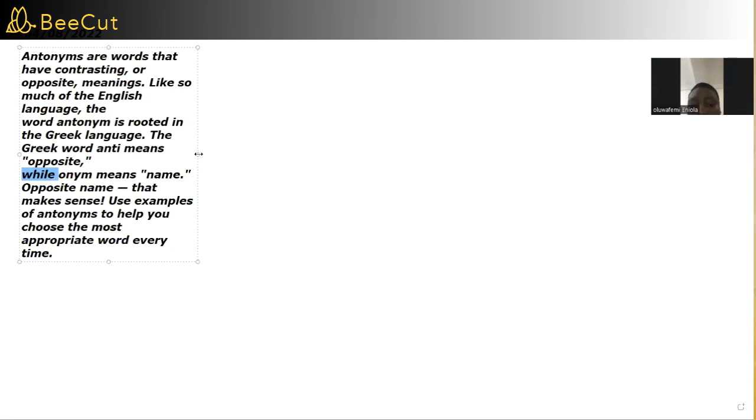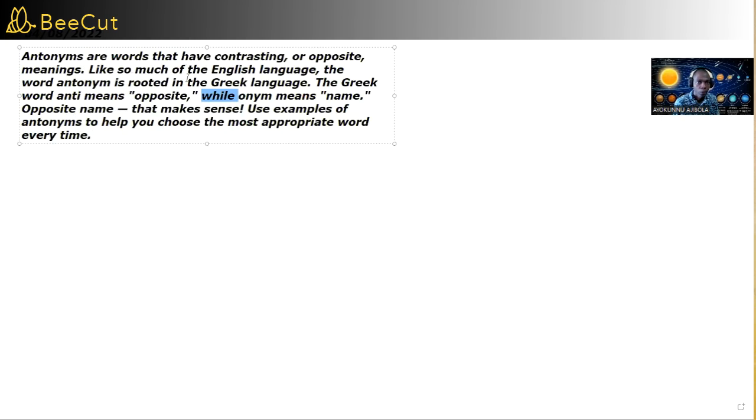So with what you can see here, antonyms are words that have contrasting meaning. Yes, contrasting meaning. There you say they have contrasting meaning or opposite meaning.